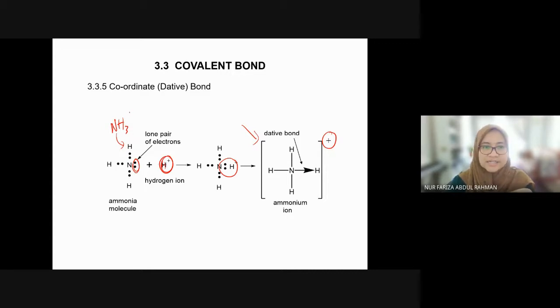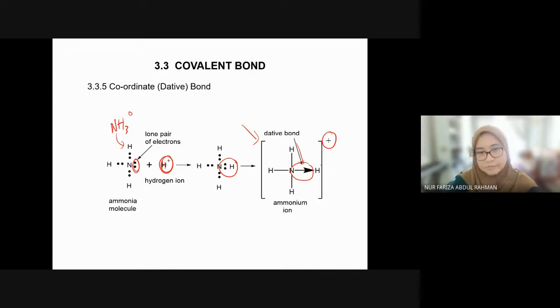Initially its charge is 0, now it becomes positive 1 because it accepts a proton. To highlight the dative bond, you use an arrow from the donor to the acceptor. Label this as the dative bond. Remember, it's from the donor to the acceptor, not the other way around.